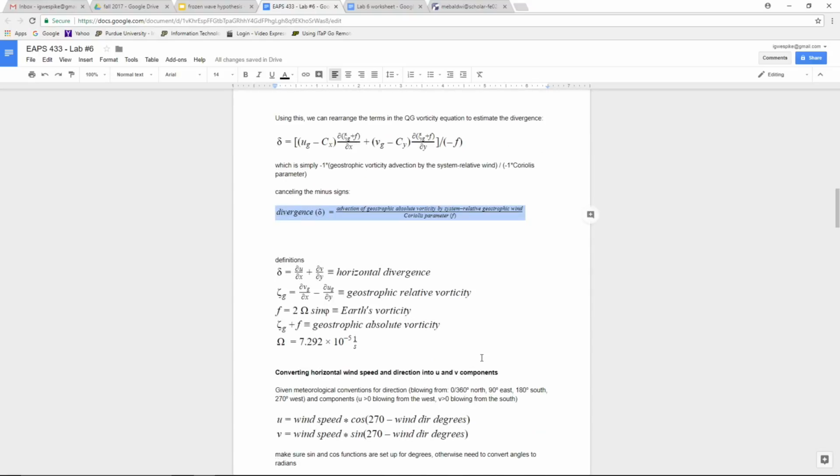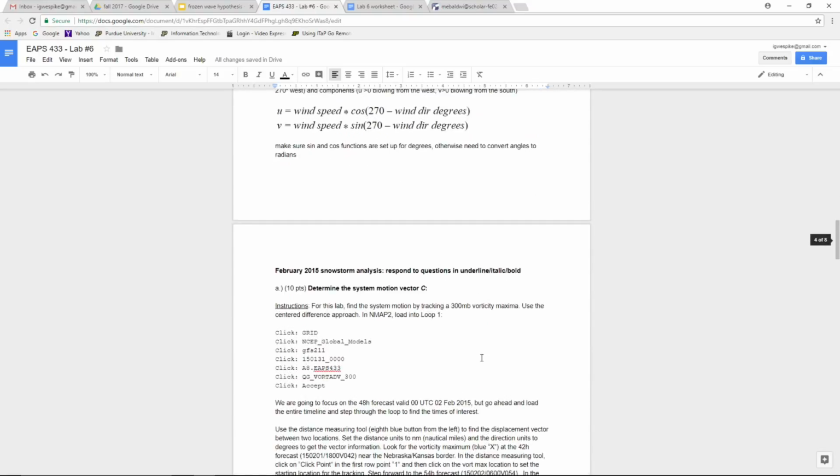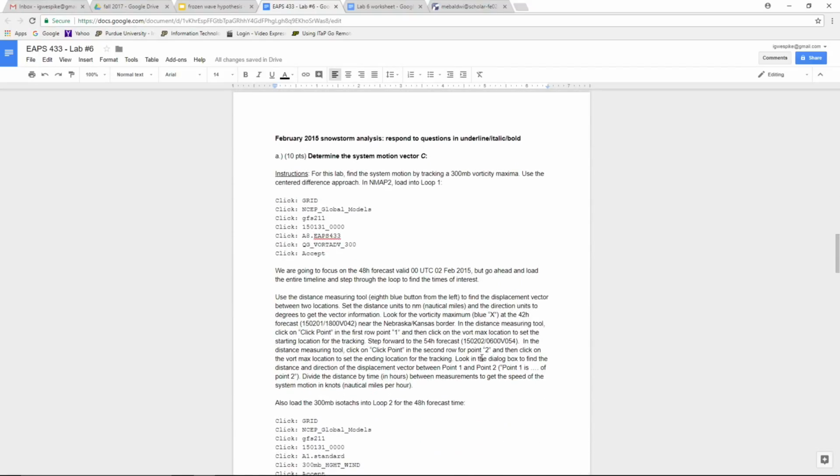So the lab basically goes through this one particular time in this storm, asks you to basically go through this process. So in order to figure out the system relative flow, you need to track some aspect of the storm and determine the system motion vector.